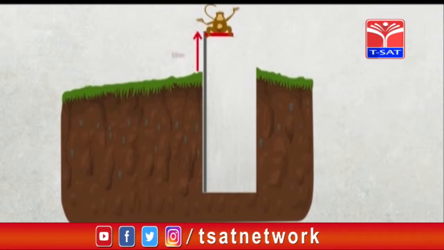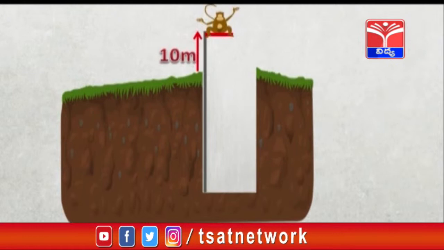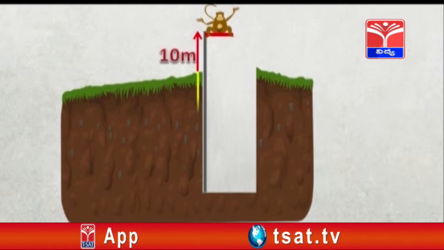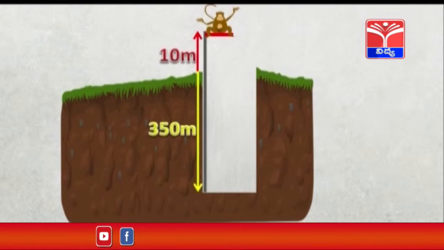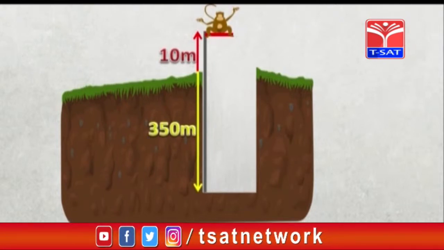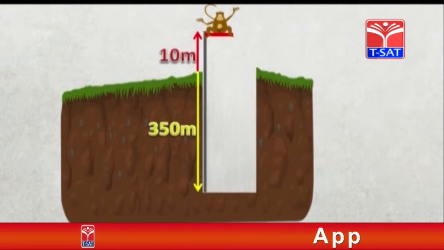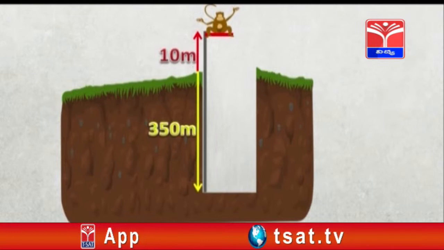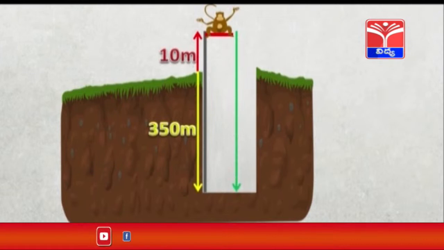In the question, what is given is that already the monkey with the mine shaft is 10 meters above the ground level, and how much depth is it going into the ground? It is 350 meters depth or minus 350 meters. 350 meters down, we also call it as minus 350 meters. So, students, totally how much distance is the monkey moving in downward direction from its initial place?